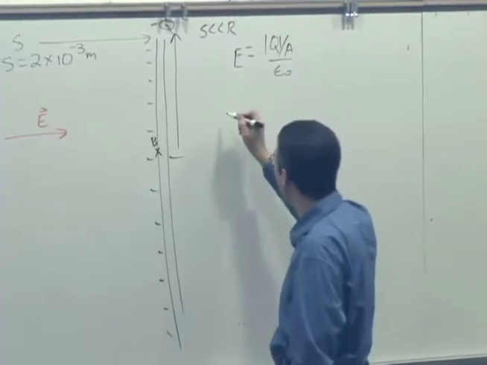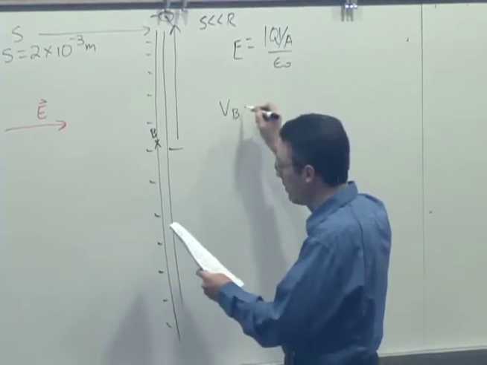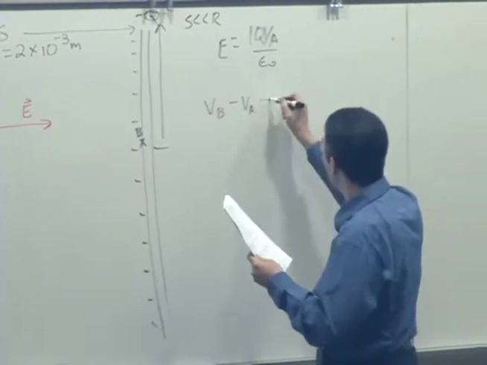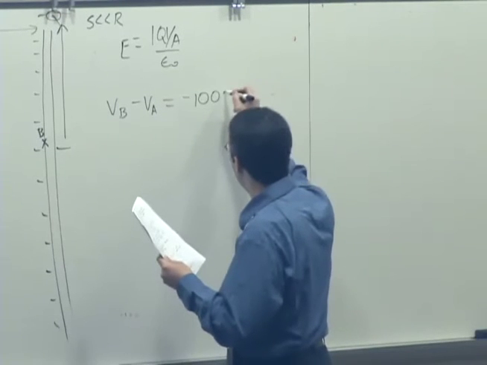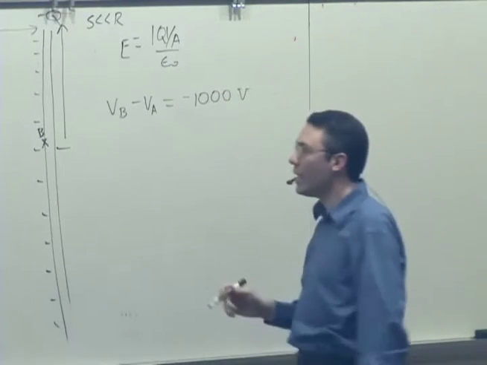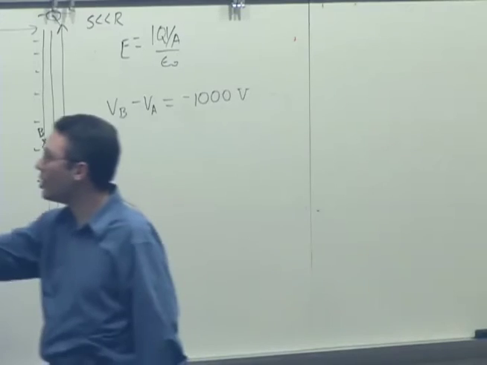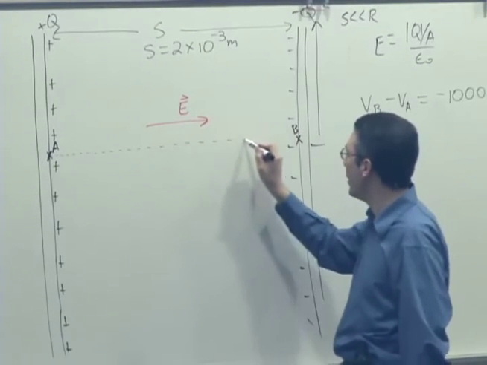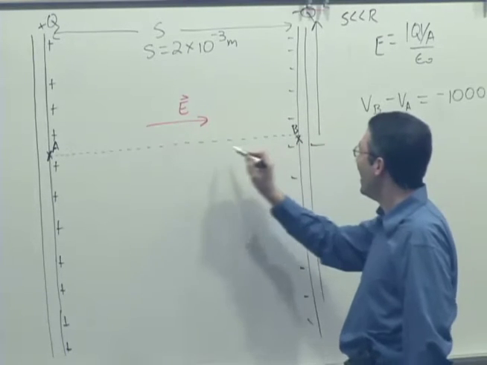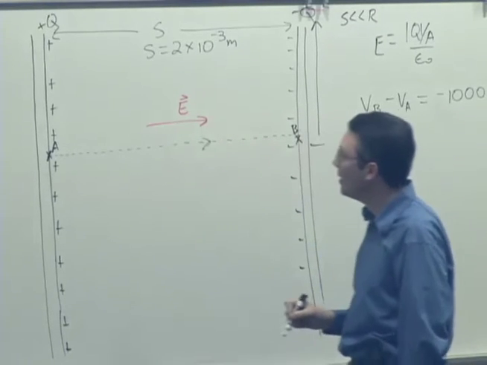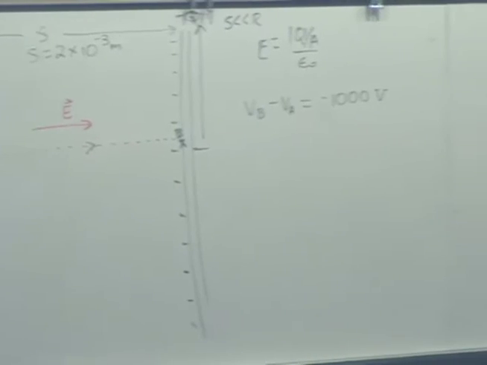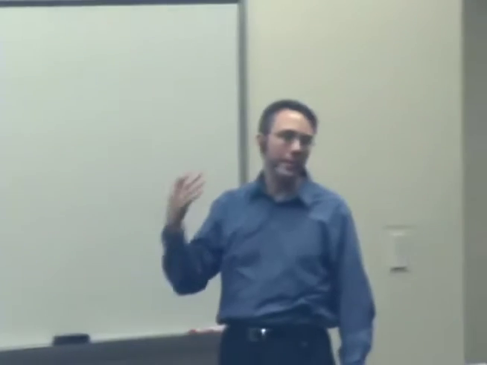Instead, let's just say that we know the potential difference, VB minus VA. And let's say that's negative 1,000 volts. And let's double check that the sign is correct, because VB minus VA is telling us we're going along a path from A to B, in the direction of the electric field, so the potential difference should be negative.